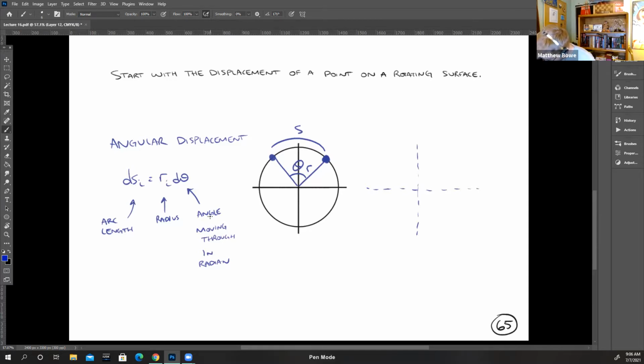I'm just saying a small sliver of an arc length is equal to R times a small sliver of change in angle. It would be a small arc length. And it's just adding up all of these tiny little slices of this pie as it makes its way from one point to another.